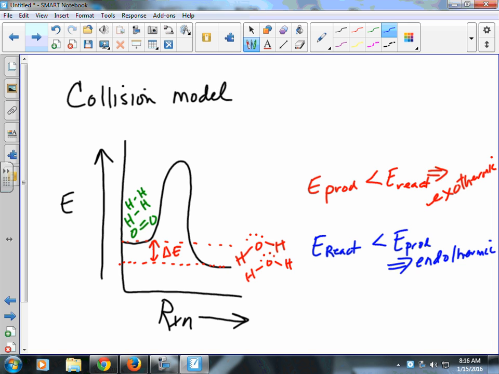In all reactions, two things have to happen. Well, I'll get to rate in just a second, but in all reactions, reactant bonds first break, and that would be an increase. Energy has to be taken in.